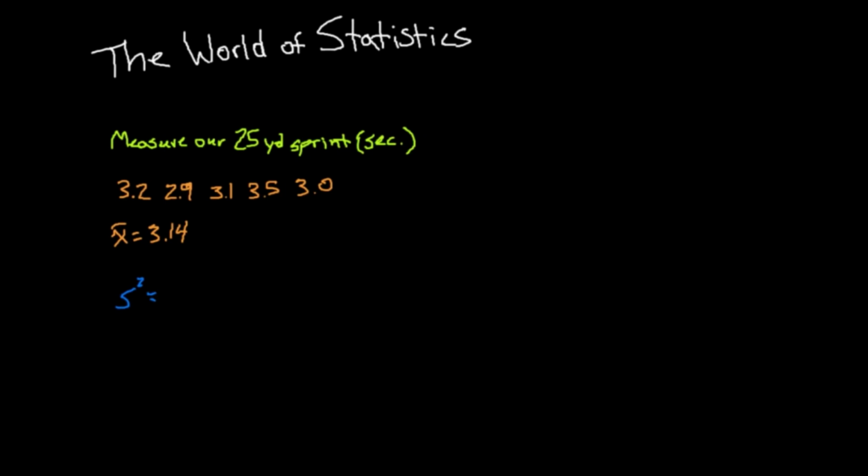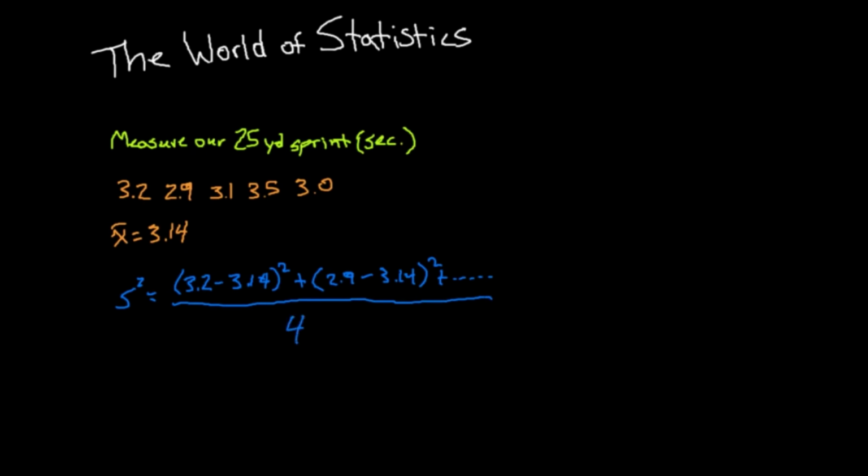In order to do that, we would take 3.2 minus 3.14 squared plus 2.9 minus 3.14 squared, and so on and so forth until we get to the end, and then we would divide that number by 4. I've done this ahead of time, but I challenge you to see if you get the same answer as me.